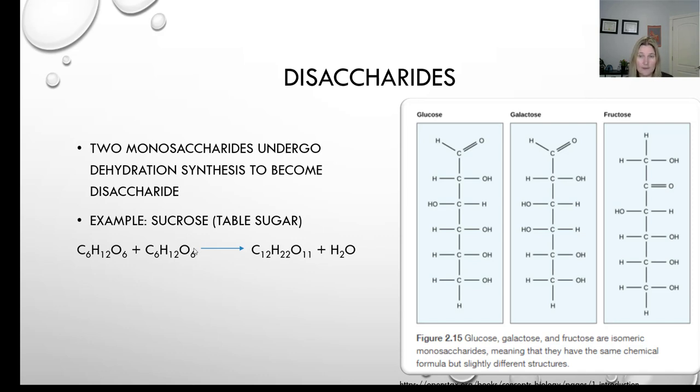And then same with oxygen. We have 6 oxygens plus 6 oxygens is 12, but I've removed 1 of them to form 11, okay? So here's the chemical formula of our disaccharide table sugar. We've removed that water and we've formed that disaccharide. And this is through a dehydration synthesis reaction. So we're removing water in order to bring 2 monosaccharides together.